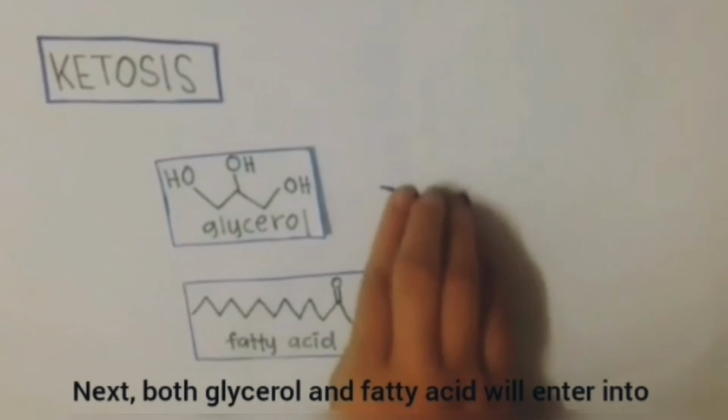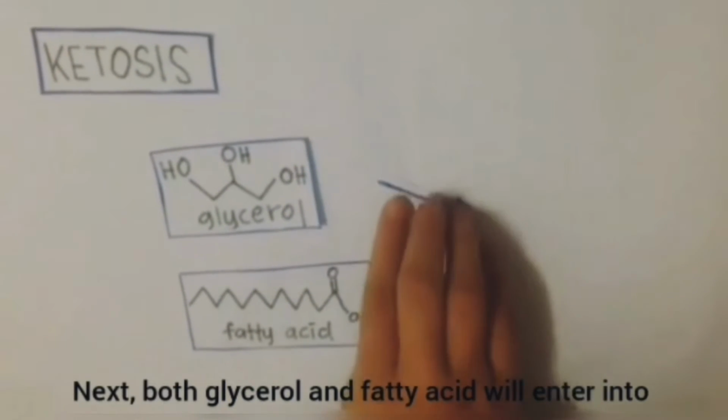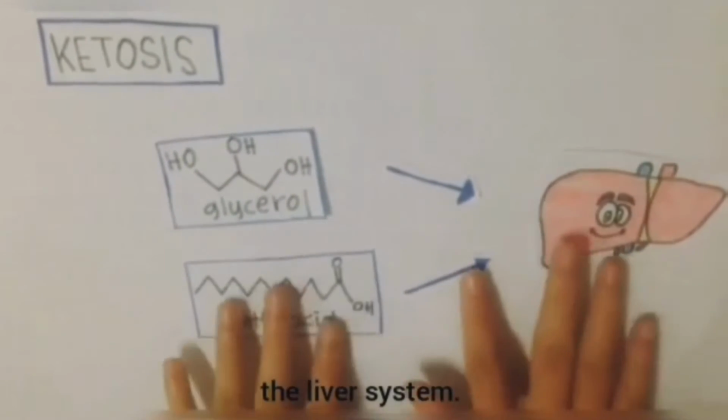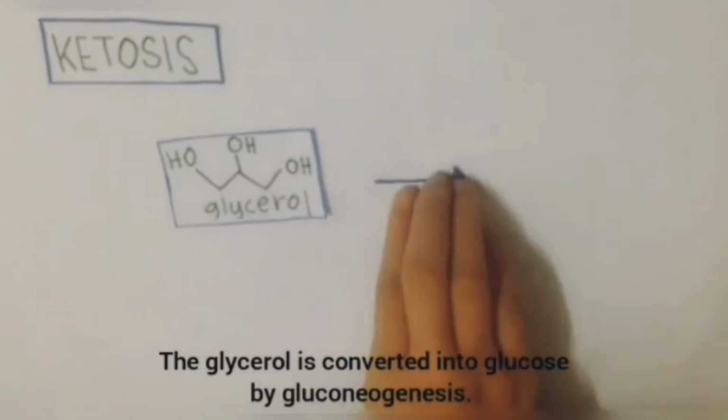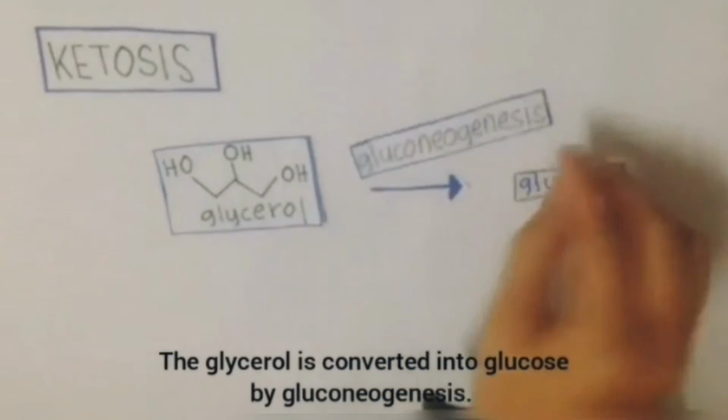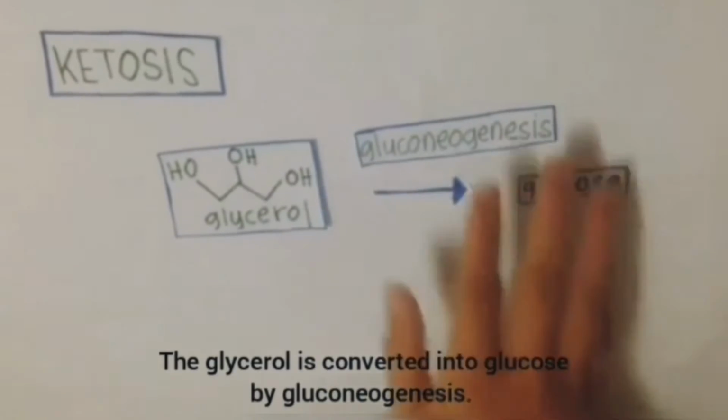Next, both glycerol and fatty acid will enter into the liver system. The glycerol is converted into glucose by gluconeogenesis.